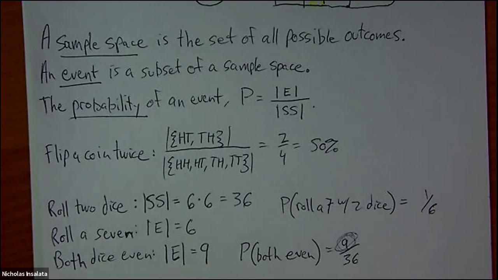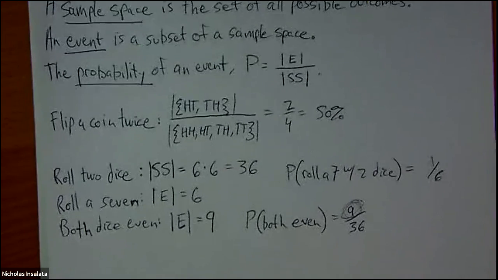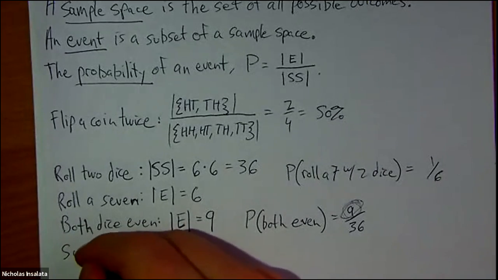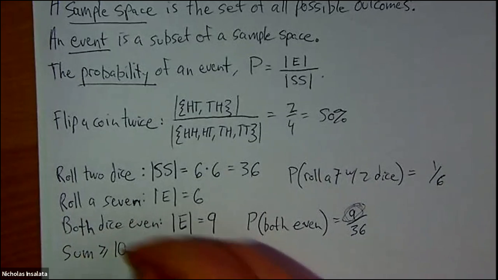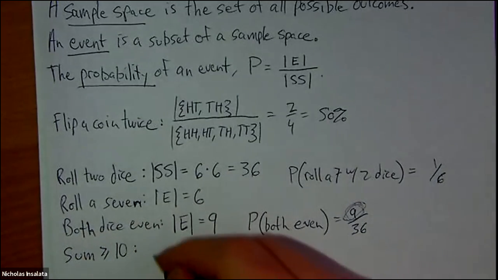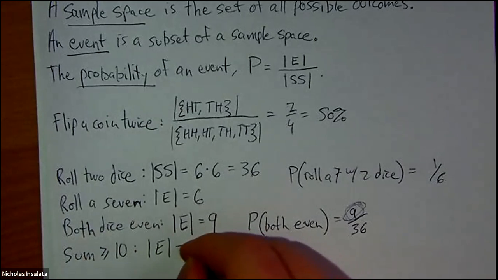What if we did an or? Let's do an or example. How about sum greater than or equal to 10? What would be the event space size for that?